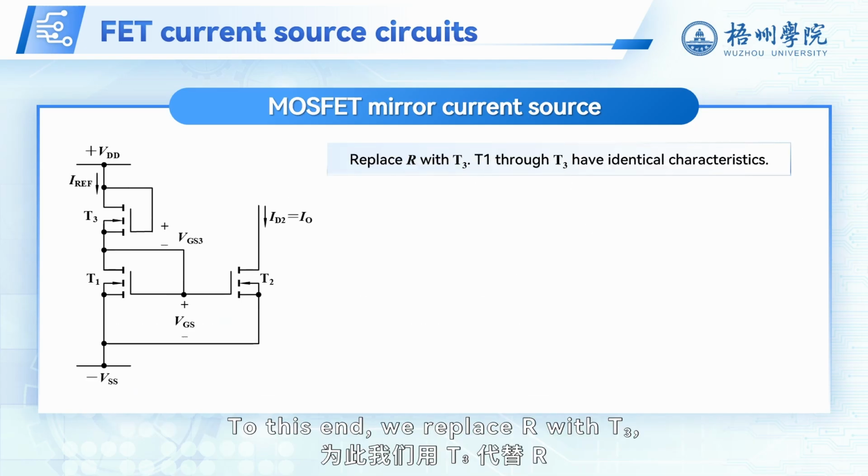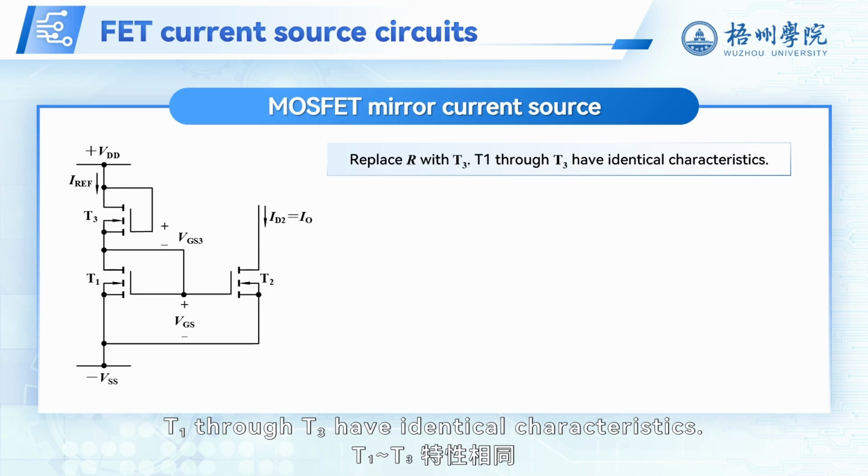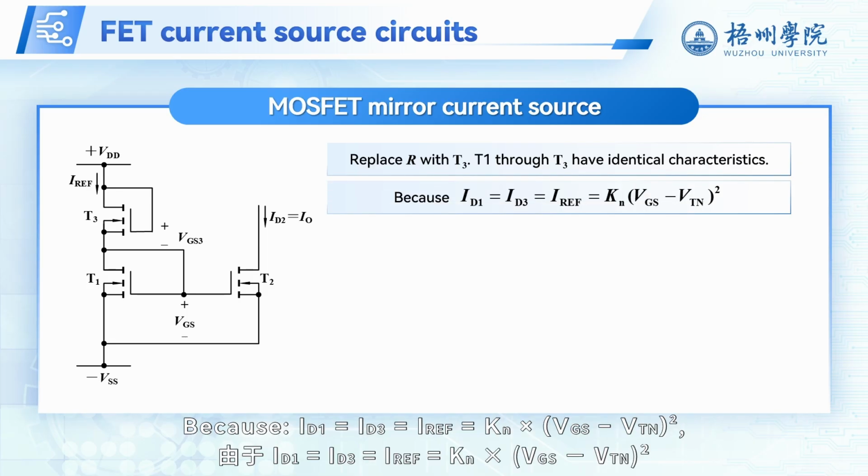To this end, we replace R with T3, as shown in the figure. T1 through T3 have identical characteristics, because I_D1 equals I_D3 equals I_REF equals K_N times (V_GS minus V_Tn) to the power of 2.